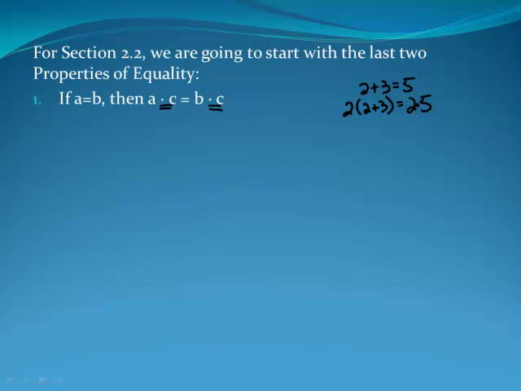Now on the left-hand side, since we have numbers, we could just simplify in the parentheses, or we could use the distributive property if you'd rather. Either way, though, here you're going to get 2 times 5 on the left-hand side is equal to 2 times 5 on the right-hand side. Obviously, 10 is equal to 10. Looks good, checks out, as long as we multiply both sides by the same value.